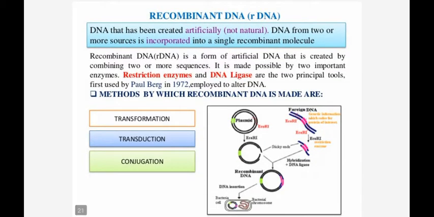See, recombinant DNA has been created artificially, which is not natural. DNA from two or more sources is incorporated into a single recombinant molecule. rDNA is a form of artificial DNA that is created by the combination of two or more sequences.